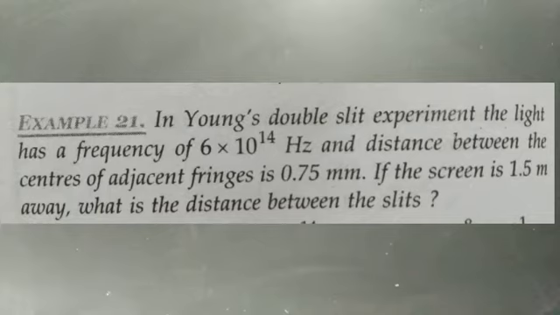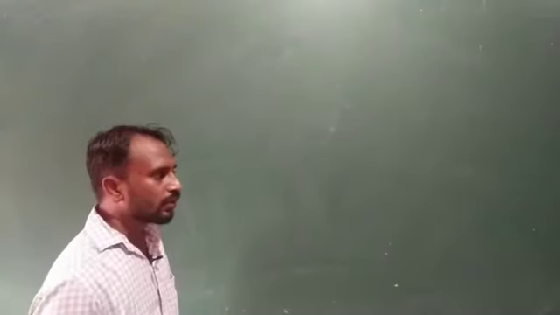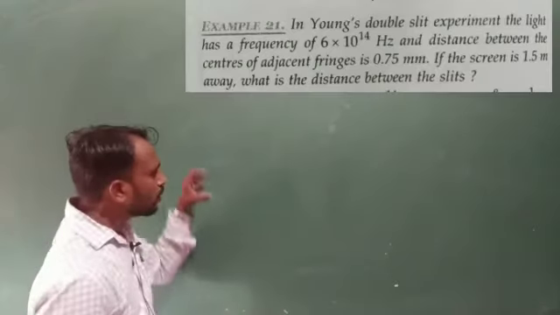If the screen is 1.5 meter away, what is the distance between the slits? Here the adjacent fringe distance is given as 0.75 millimeter, which we consider the fringe width. So this is our question. Here we want to calculate the distance between the two slits.